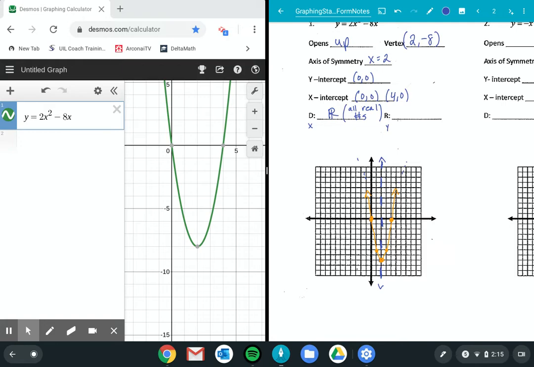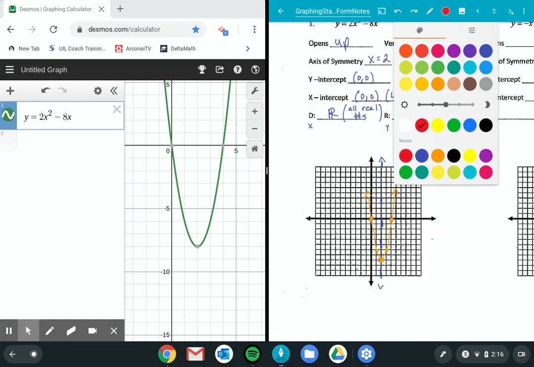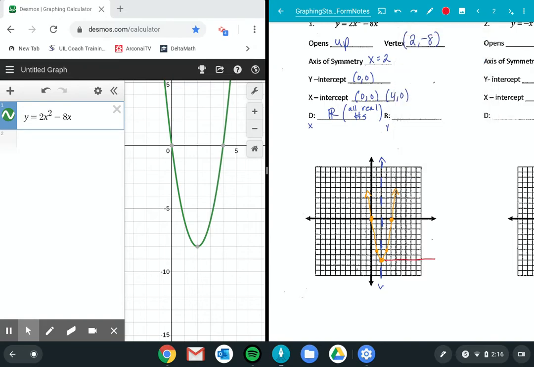Now, looking at the range, though, there is a particular boundary here. If you look at it, my graph's infinitely going up, so it's never going to stop going this way. However, is there a lowest point on this graph? Hopefully your answer is yes. The lowest point on this graph would be here, which is my vertex.